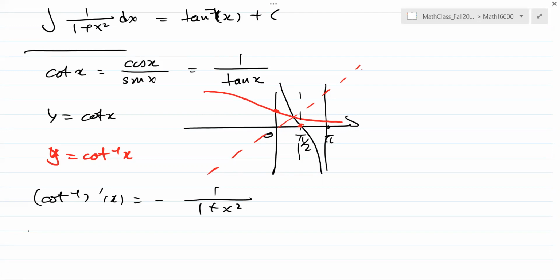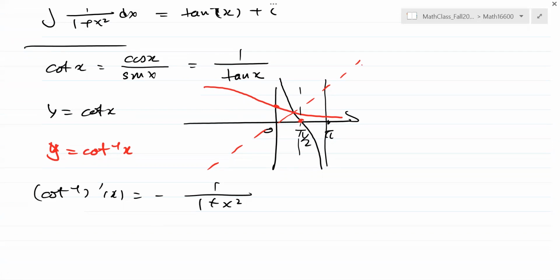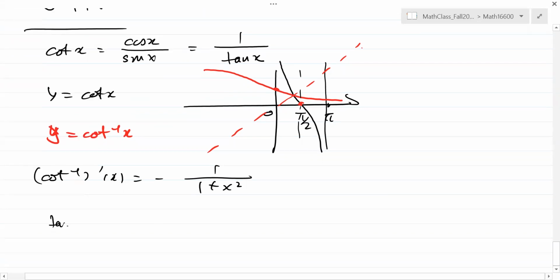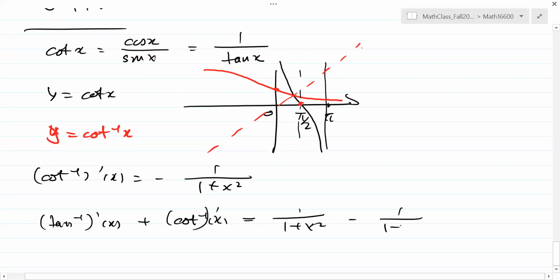As you see, the derivative of the inverse function is going to be positive this, right? So if you add them together, the first one is positive, the second one is negative. It's going to be 0.